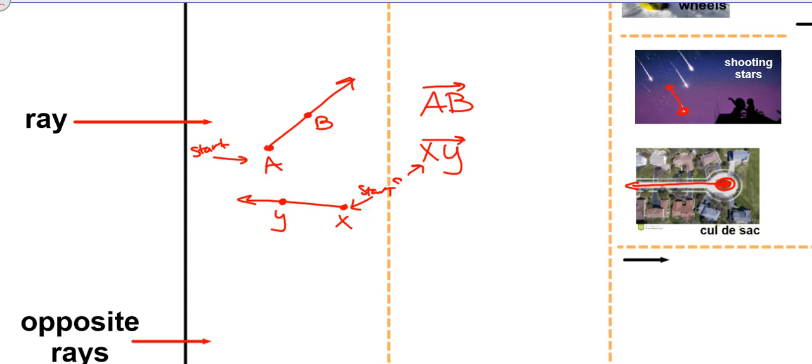So right there is where it starts. You cannot name this backwards. It has to go in one direction. The arrow on the top should always point to the right.